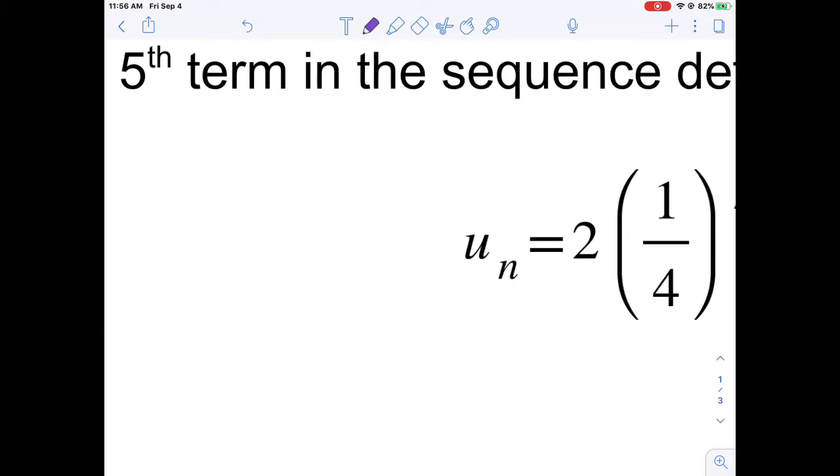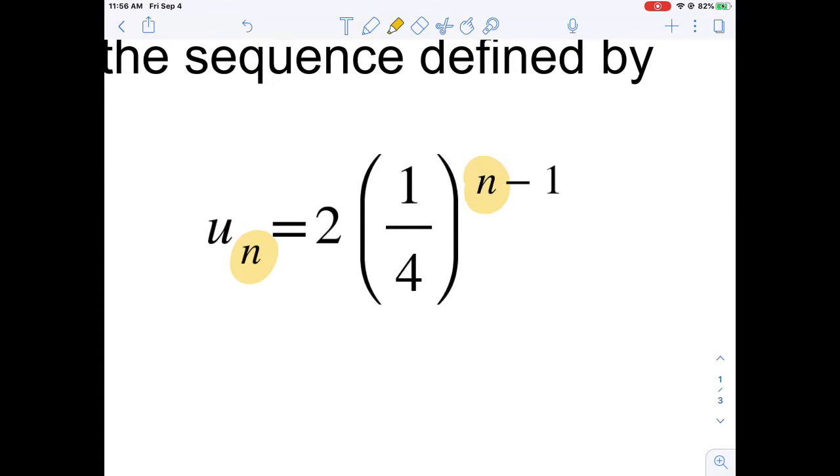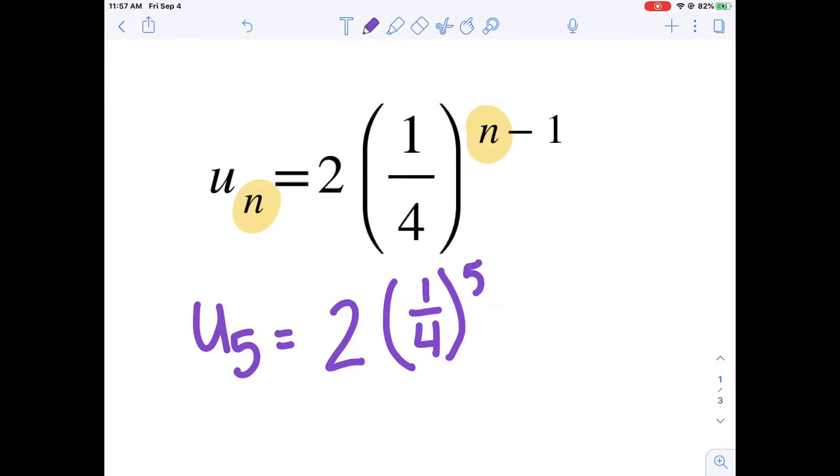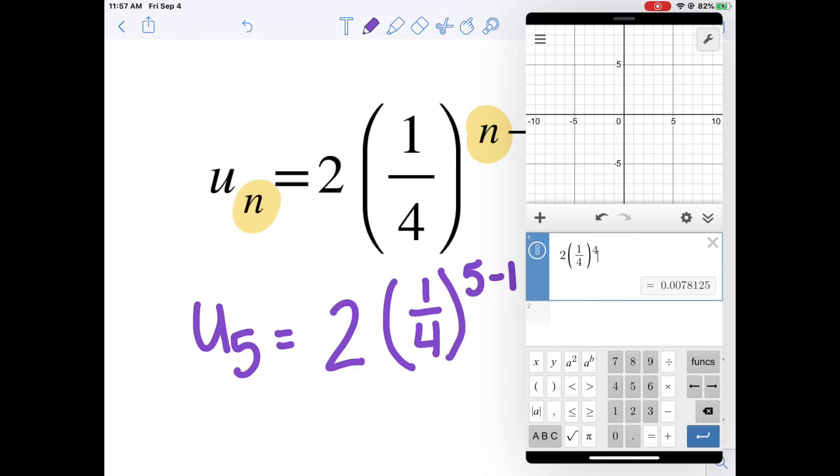So for this one, fifth term, when n equals 5. So anytime I see an n, I'm going to plug in 5. So we have u sub 5 to signify the fifth term equals 2 times 1/4 to the 5 minus 1 power. I will open up my Desmos here.